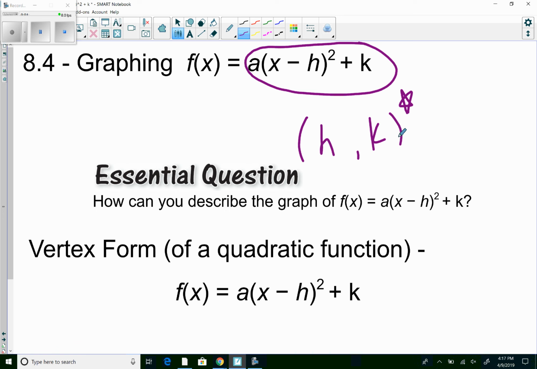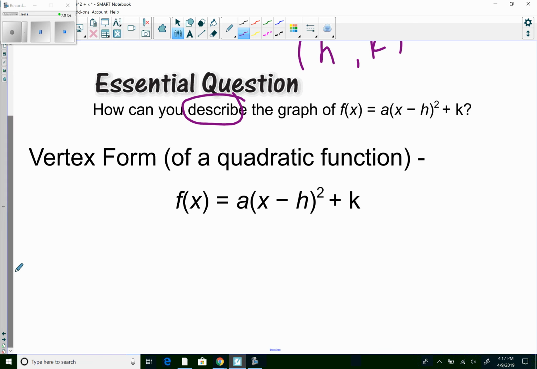Make sure you get it written down. It just says, how can you describe the graph of f of x equals a times x minus h squared plus k?